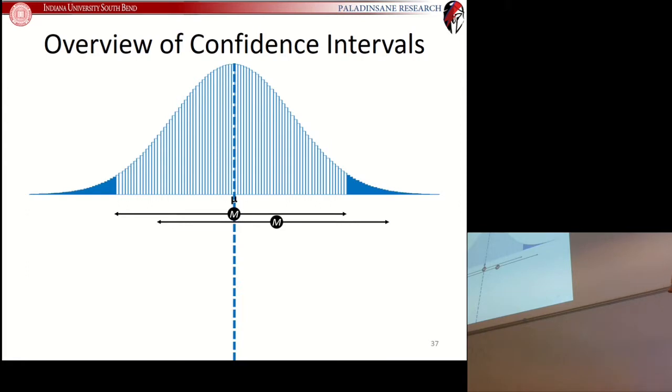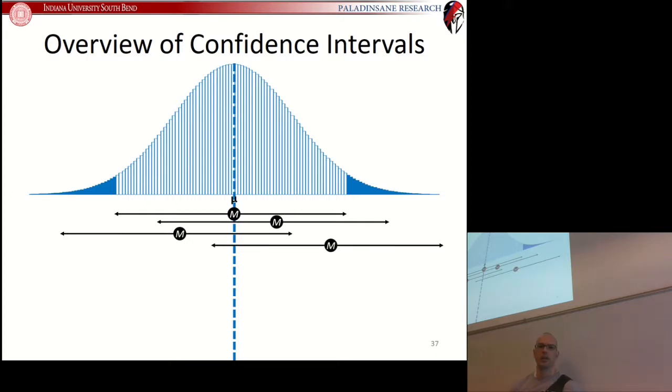Still estimated it correctly. Another point estimate, another failure in estimation. We haven't estimated it correctly. But if we add the interval that's as wide as the body of the distribution, notice again that this interval contains that population mean. We've estimated the population mean correctly. And this happens for sample after sample.